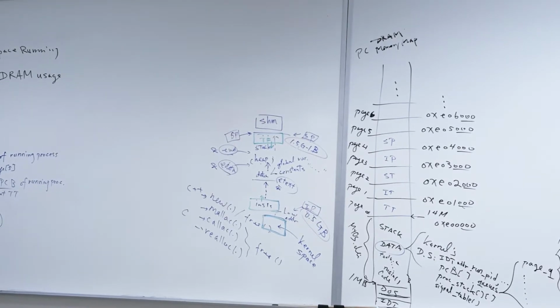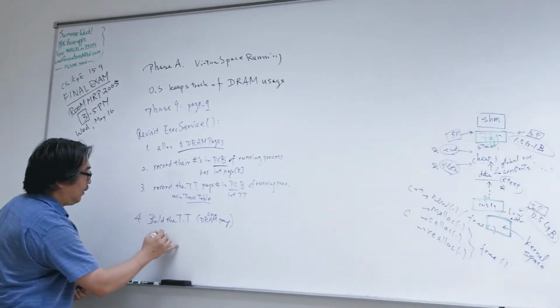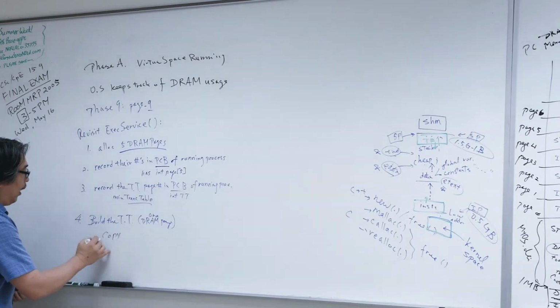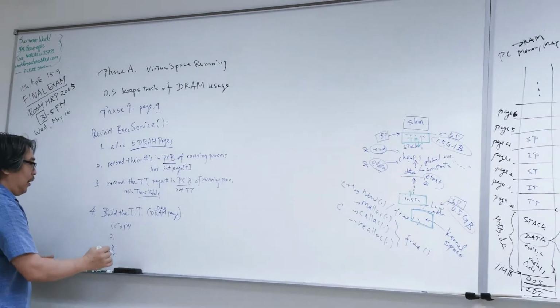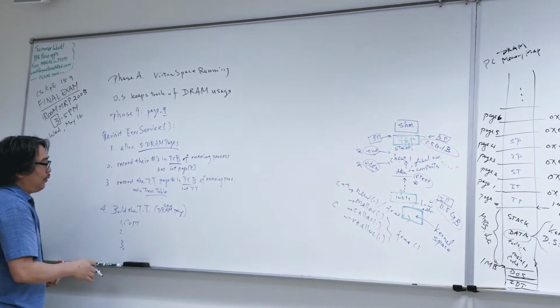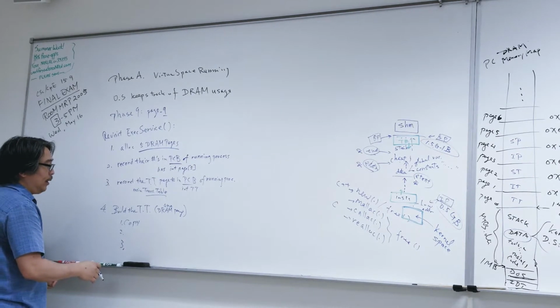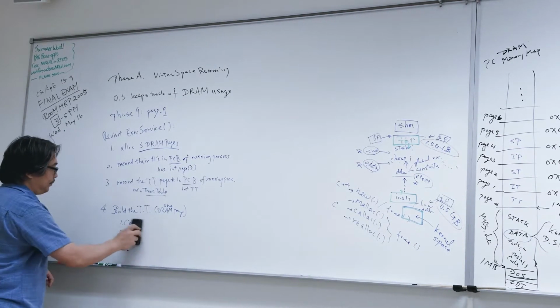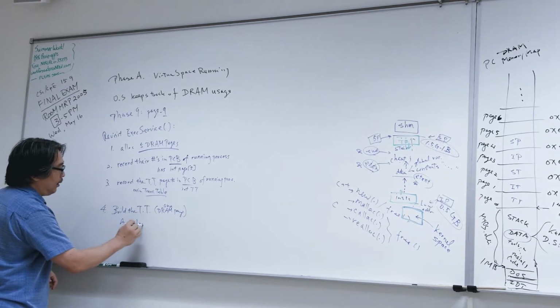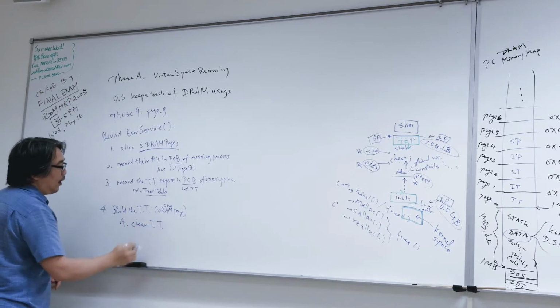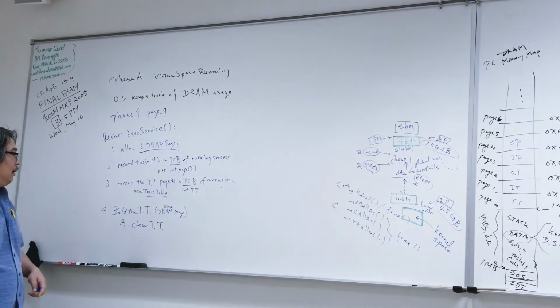We'll indicate those entries are valid. And we want to add 4 entries. You first want to clear it, clear TT, so that all the entries are not set.